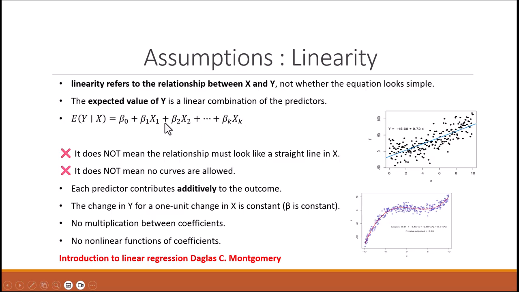Linear means the coefficients shouldn't be multiplied by each other, and we cannot apply other operations on them. They should be constant, so no multiplication between the coefficients and no nonlinear functions of the coefficients.